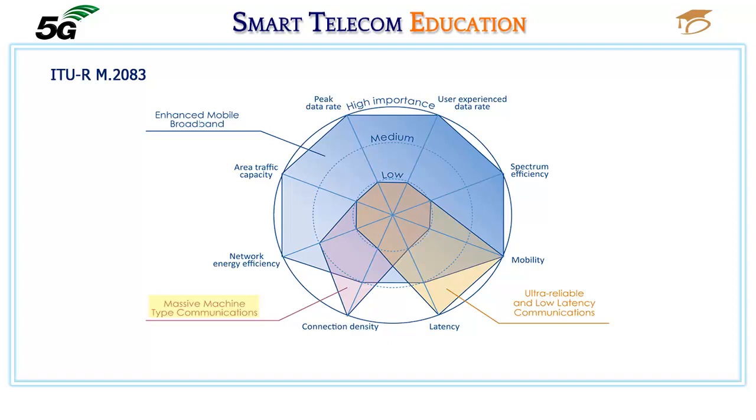Massive Machine Type Communications, mMTC, for the IoT, requiring low power consumption, and low data rates for very large numbers of connected devices. Ultra-reliable and low-latency communications, URLLC, to cater for safety-critical and mission-critical applications, which requires different key capabilities according to ITU-R M.2083.